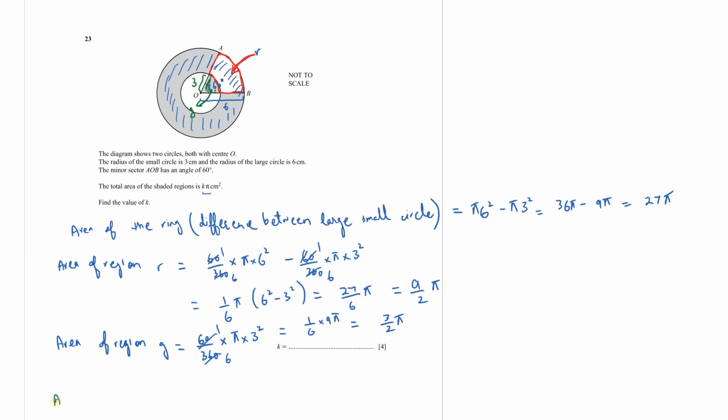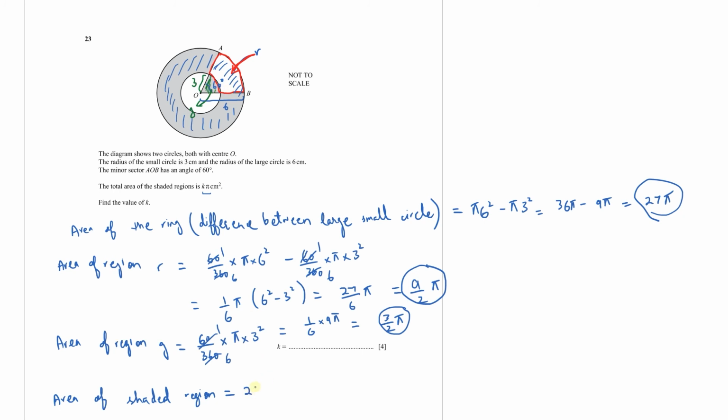Now the area of the shaded region will be equal to this area here minus this red region, and then adding the smaller shaded region here.